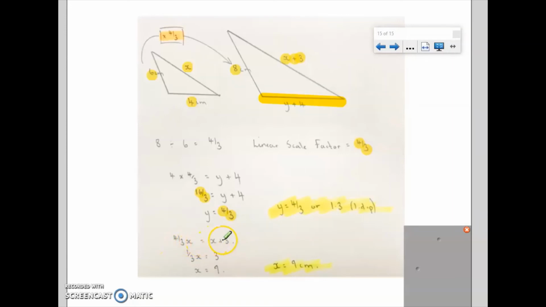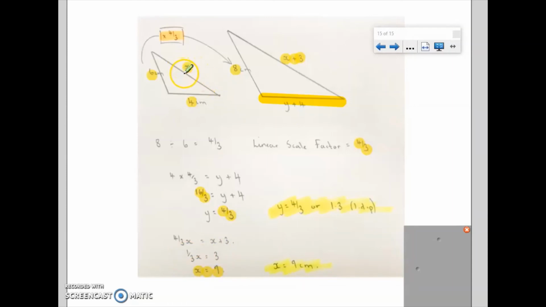At this point, I can then subtract 3 from each side to be left with 1/3 x equaling 3. But I don't want 1/3 x, I want 1x. So I've multiplied both sides by 3 to be left with x equals 9.